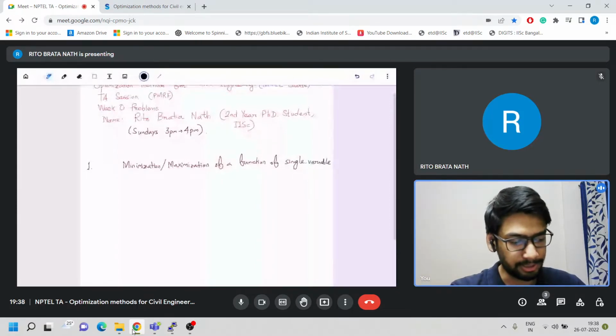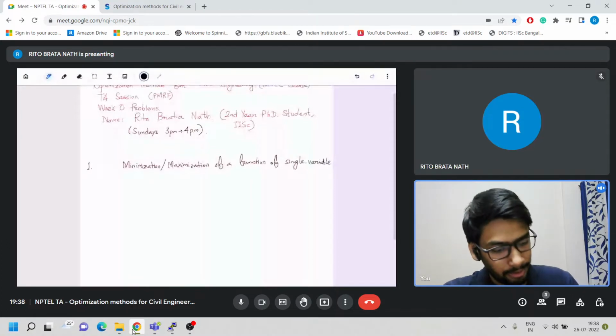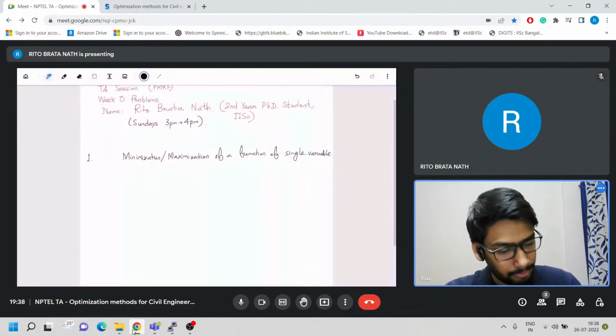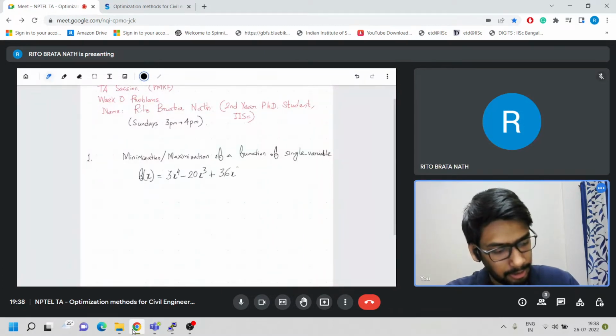Suppose I take a function f(x), which is 3x to the power 4 minus 20x cubed plus 36x squared minus 20.